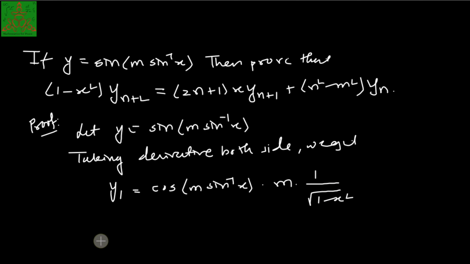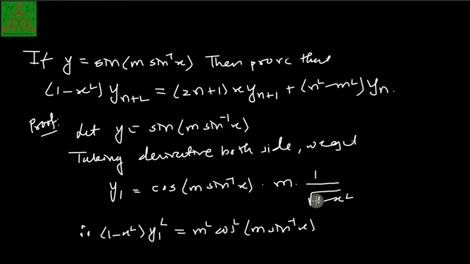So this can be handled by squaring both sides. We will write this as (1 minus x square) y1 square equal to m square cos square(m sin inverse of x). Why did we do this square? Due to the square root. I want to remove the square root, so I square both sides. Then we represent cos square in terms of sine square, because 1 minus sine square is cos square.